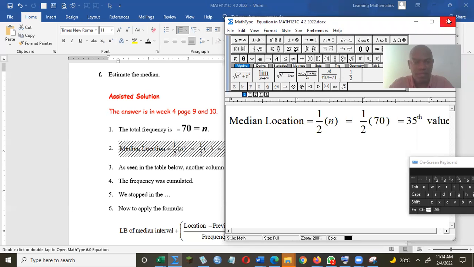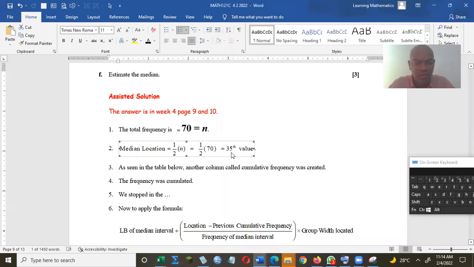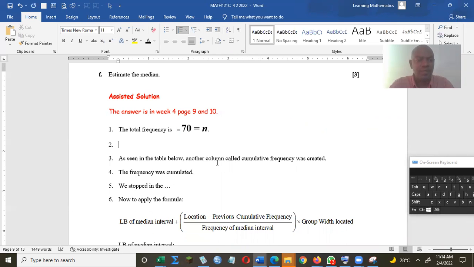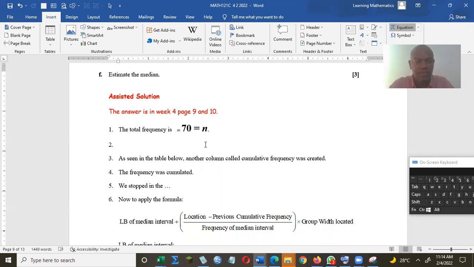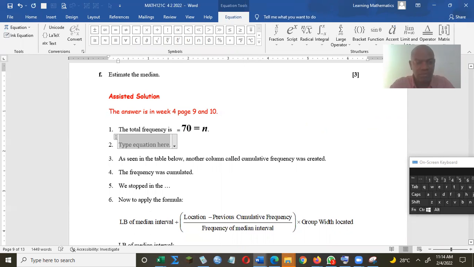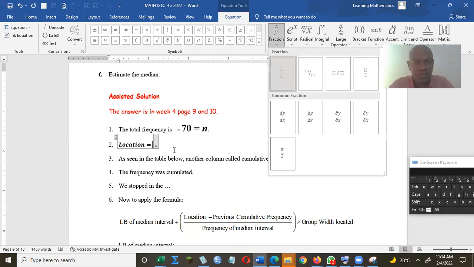Your calculator or computer may not have that format, so you can just delete this, because this is math type, and you can go into insert, equations, and type location formula of median. Like what I'm doing now, equal to a half of 80, whatever you have, use 80 for sure.